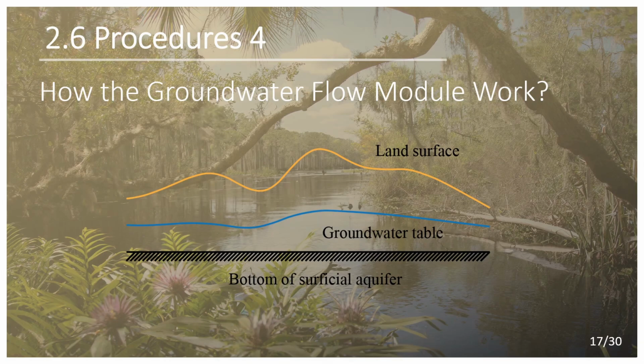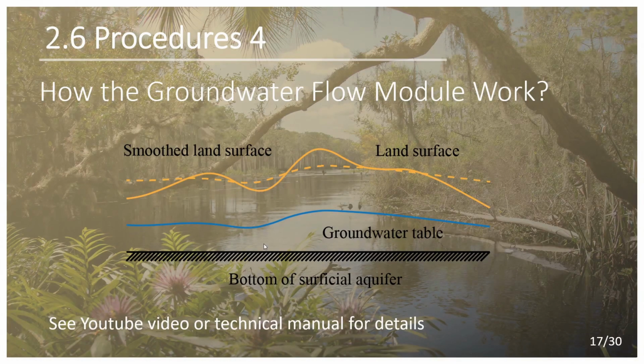Therefore, we smooth the ground surface, and after smoothing a specific number of times, we can get a plane very similar to the groundwater table. This is the basic principle we followed in our groundwater flow module. You will find more detailed instructions in Dr. Ye's video or our technical manual.